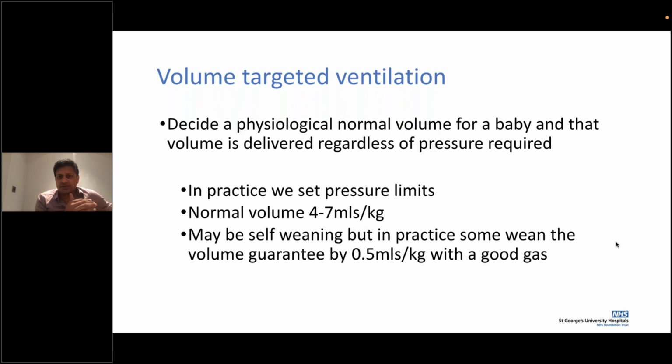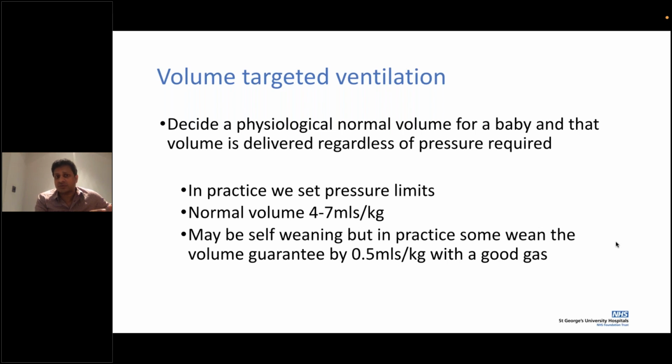That would mean that with every breath, the ventilator will attempt to give a set 5 mls per kilo, if that's what you have set. And with every breath, the pressure required could be very different; there is variable pressure that is needed.